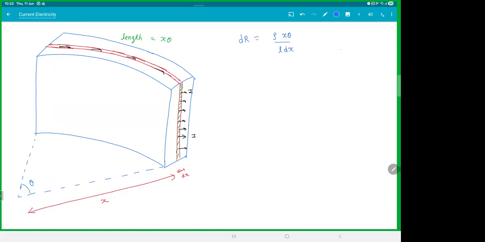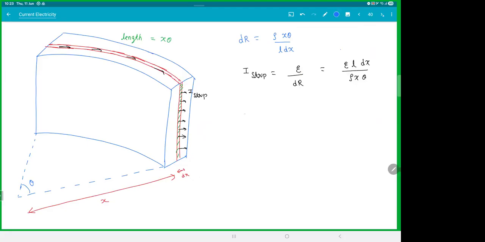This is the resistance of the thin strip. So on this thin strip, how much current will flow? Current in the thin strip is the voltage, which is the EMF E, by dr. That will give me E L dx by rho x theta. This is the current flowing in the thin strip.